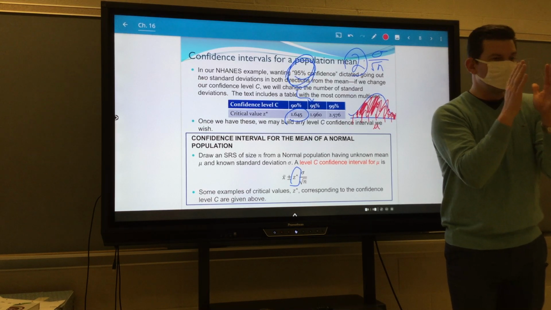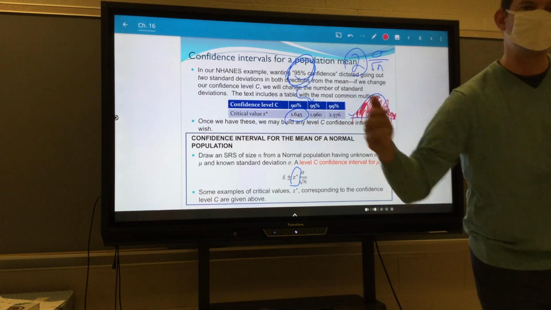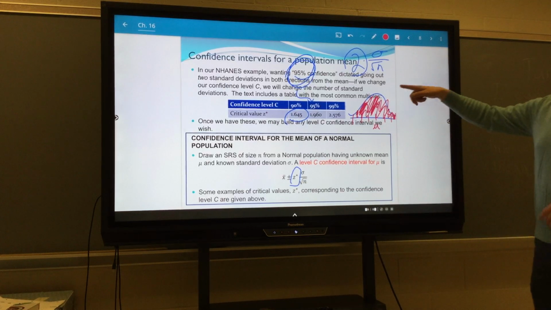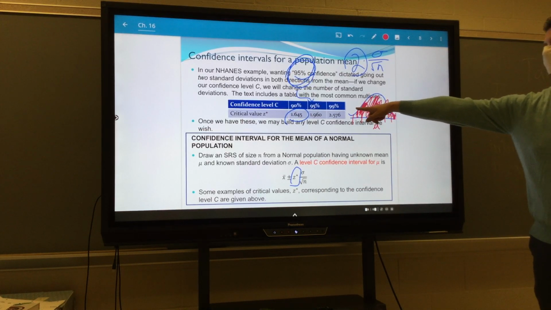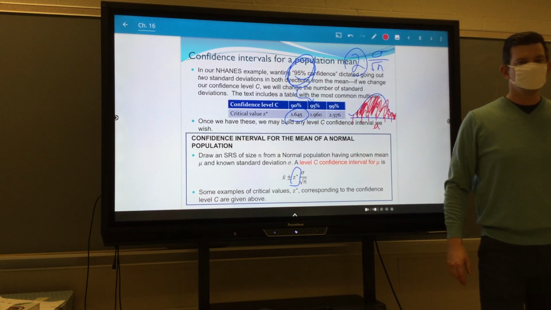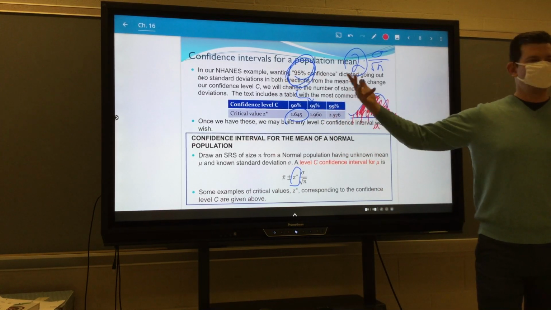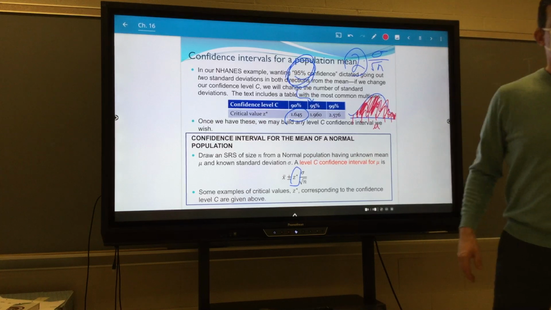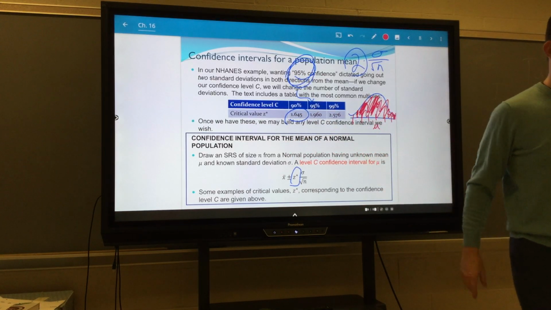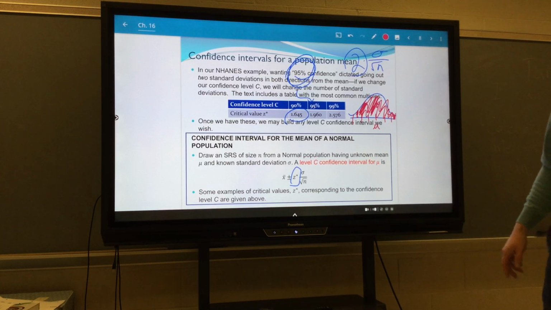You don't want it too narrow at the sacrifice of level of certainty. But on the flip side, you don't want it really certain, but then that confidence interval is really wide. It's like Goldilocks and the Three Bears, right? Too hot, too cold, just right. 95% confident.